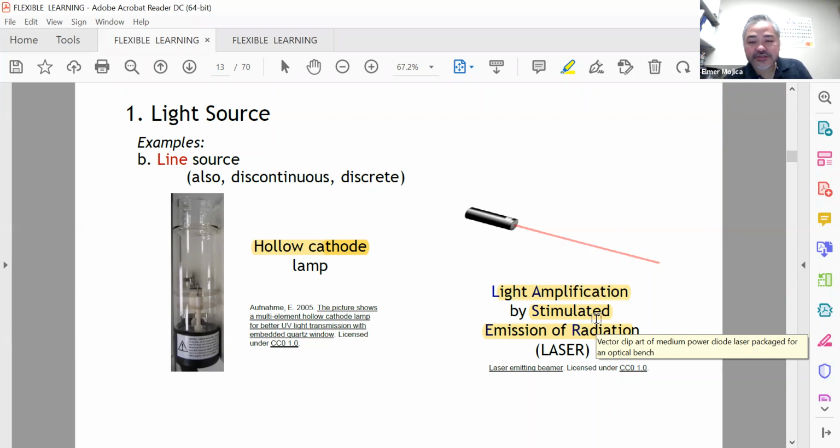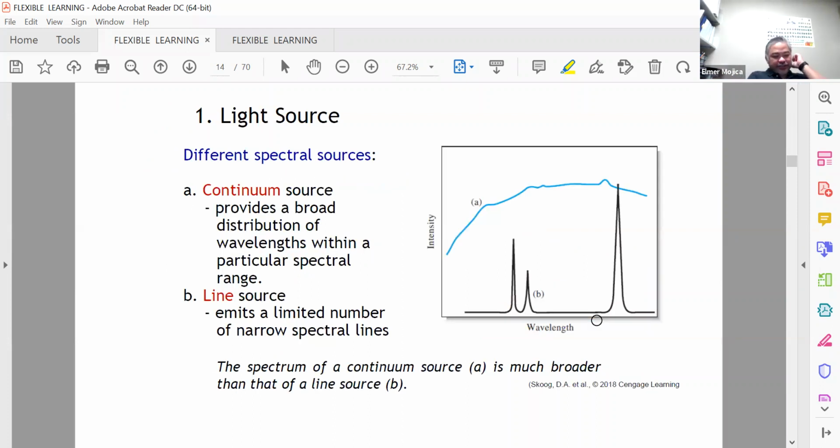So laser is a good light source here. But unlike, let's say, the hollow cathode lamp, the range covered by laser is a little more narrow. As I have mentioned, a light source could be a continuum or a line. If you look at the spectrum of a continuum source, it is much broader than a line source here.